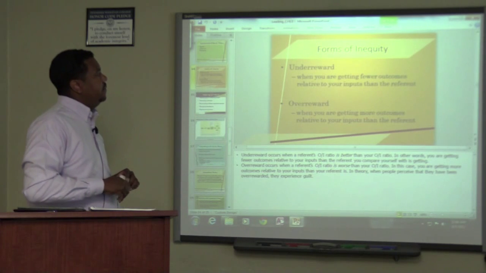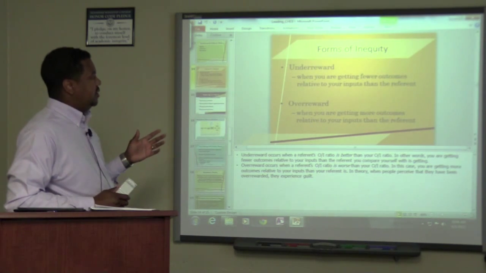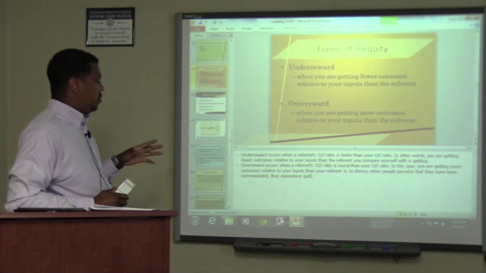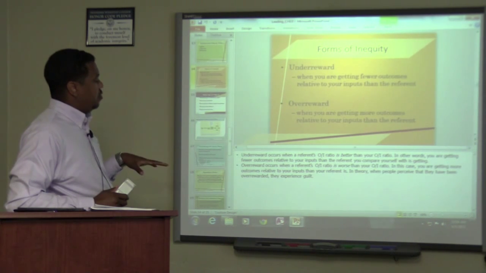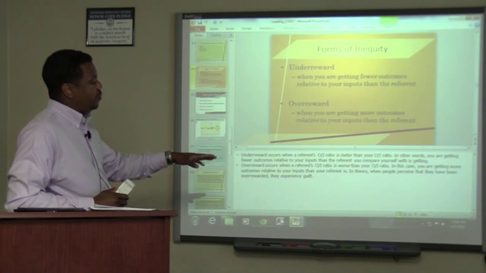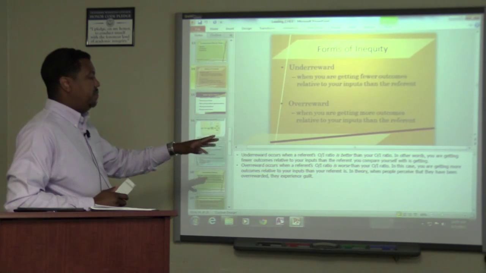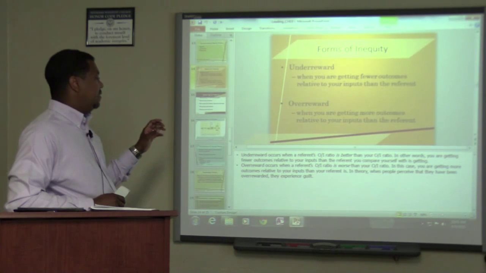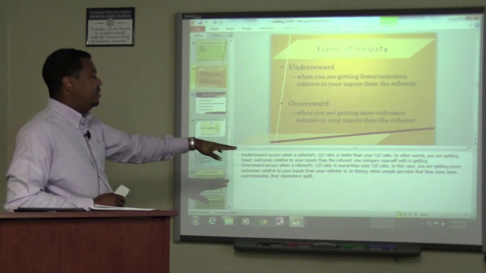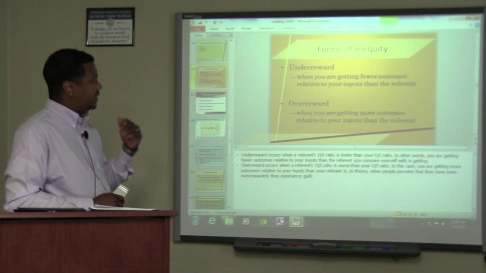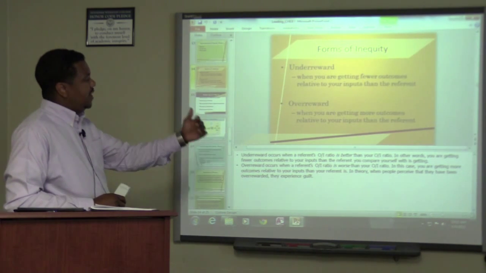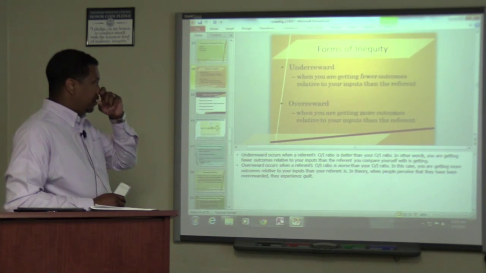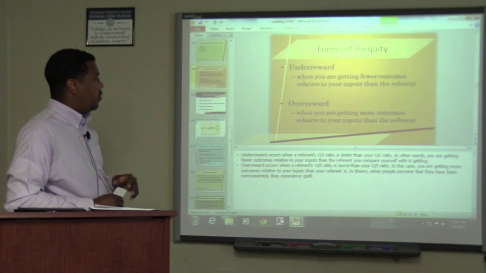So let's look here at how we deal with forms of inequity within organizations. So we have under reward and over reward. Under reward occurs when a reference's output to input ratio is better than yours. Your output to input ratio, in other words, gets fewer outcomes related to your input than your reference compared to yourself. So the individual that you're comparing yourself to is receiving more rewards than you are in that organization.